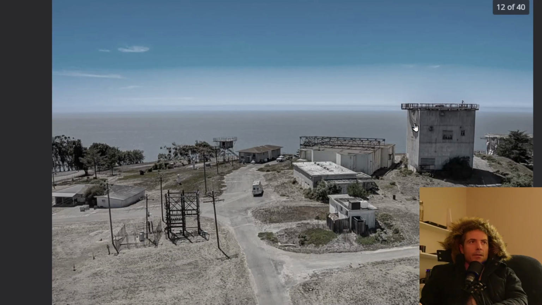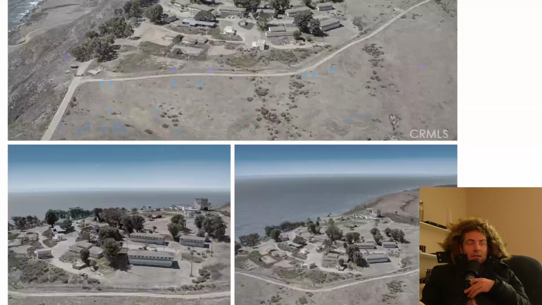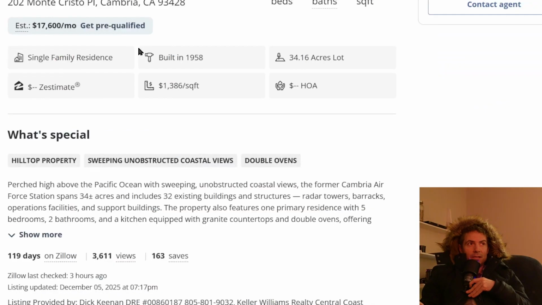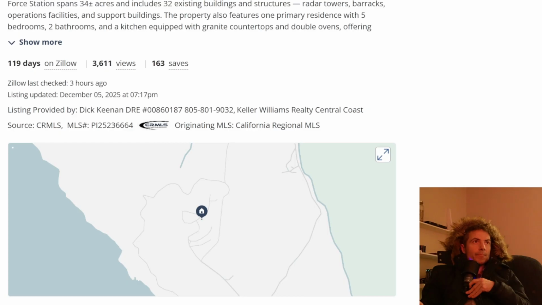Like, is this yours? What was this? Was this a military outpost? I've never been more interested at all in the description. So this was an Air Force station with radar towers and barracks.